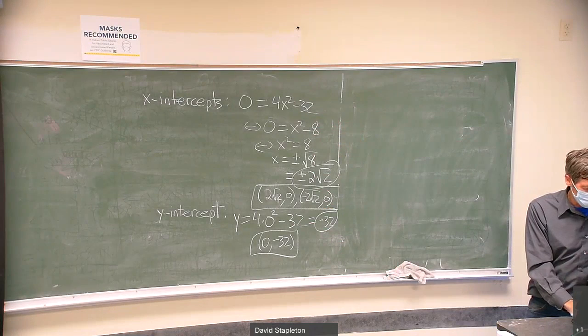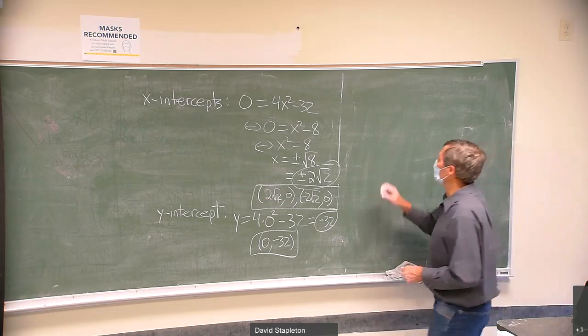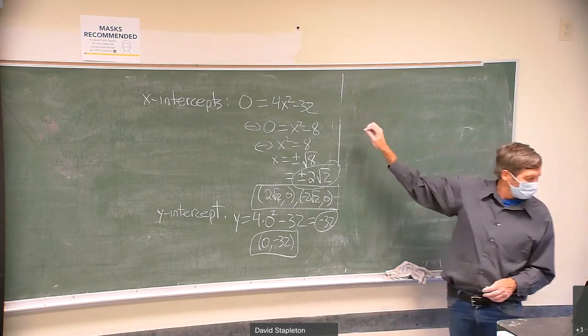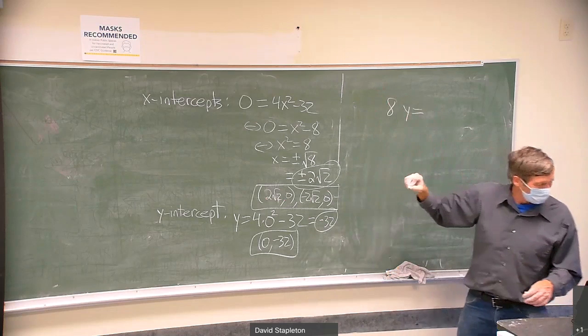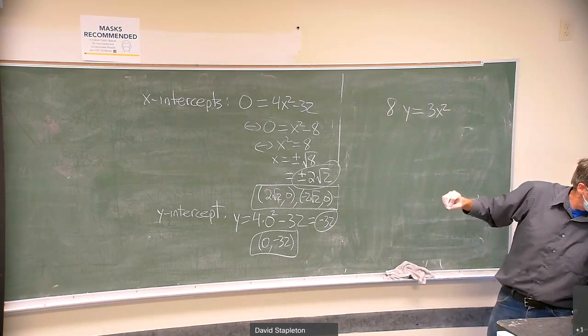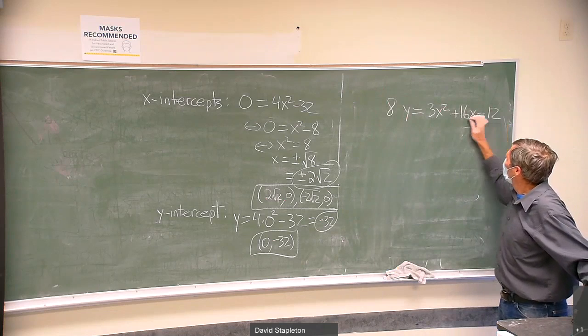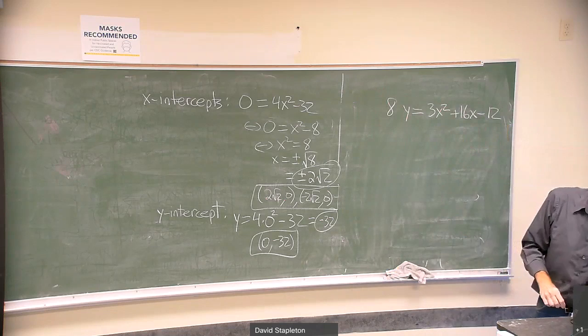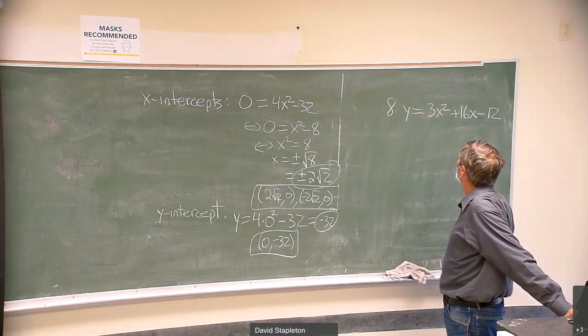How about this one? Here's another: y equals 3x squared plus 16x minus 12. This is number 8. Find the vertex and intercepts for this one. How do I find the vertex?